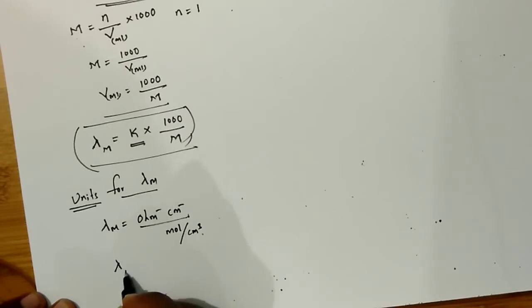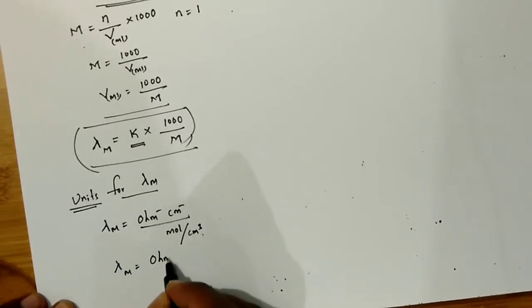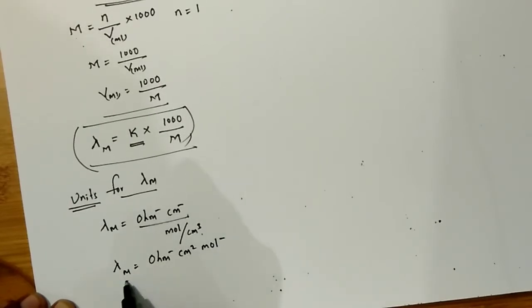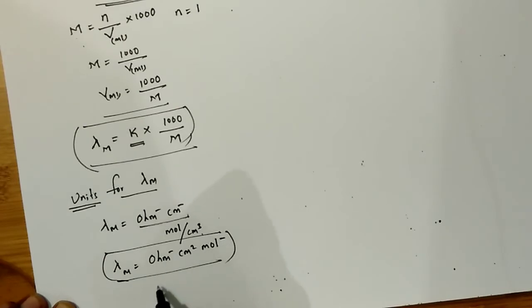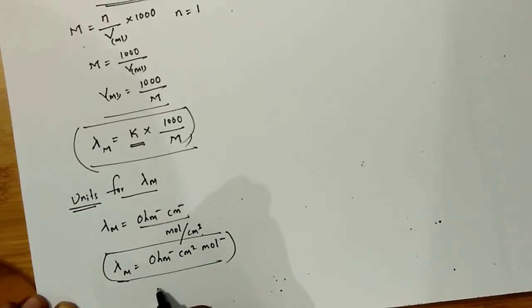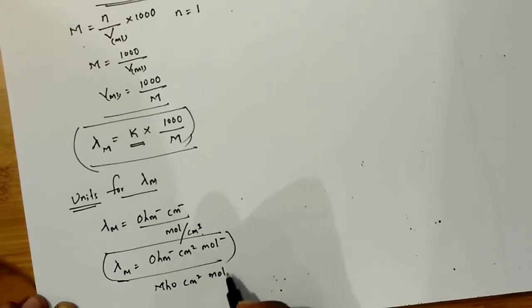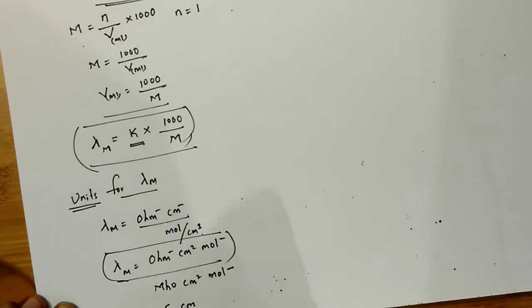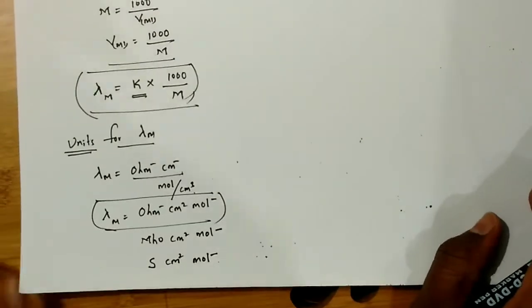So units for molar conductance equal ohm inverse centimeter square per mole. Or instead of ohm, you can take mho centimeter square per mole. Instead of mho, you can take Siemens, one more unit of conductance, Siemens centimeter square per mole. These are the three types of units for molar conductance.